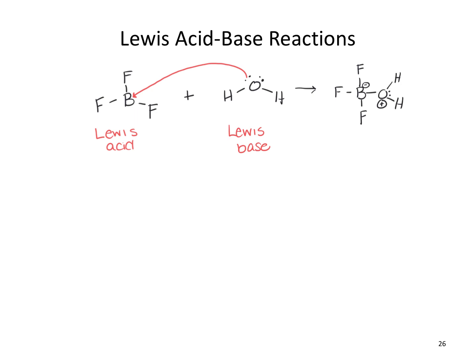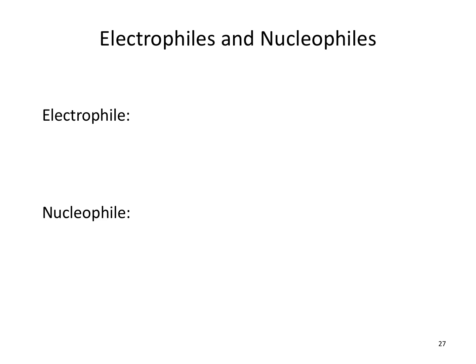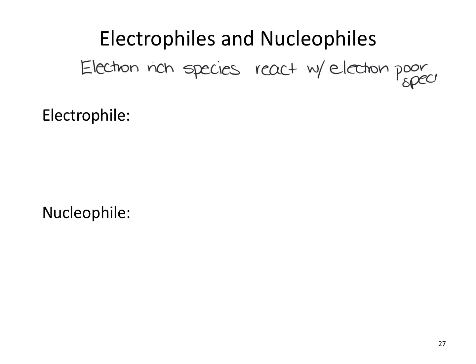Now, Lewis acid-base reactions illustrate a general pattern in organic chemistry. That general pattern is electron-rich species, things that have a lot of negative electron density, react with electron-poor species. And so a Lewis acid is a lot of times called an electrophile.